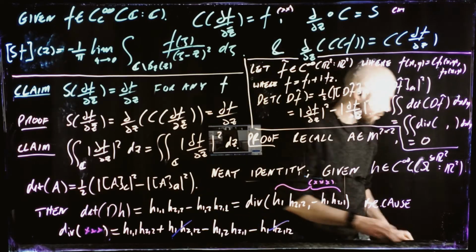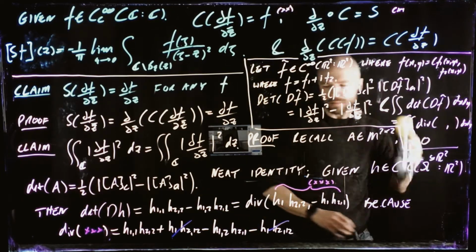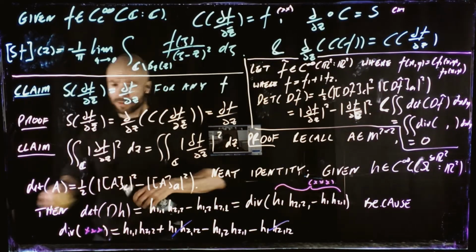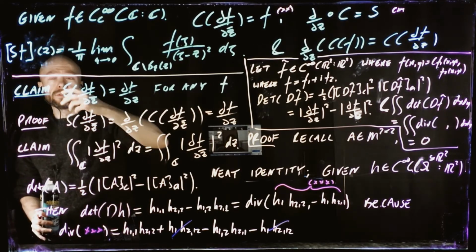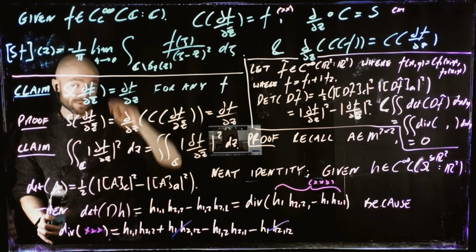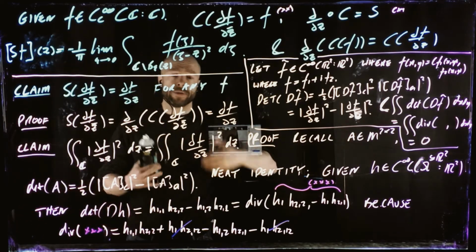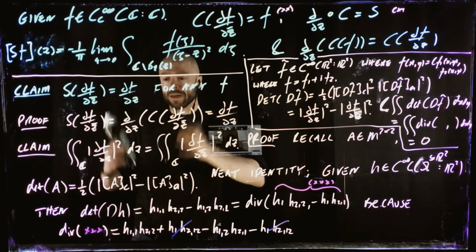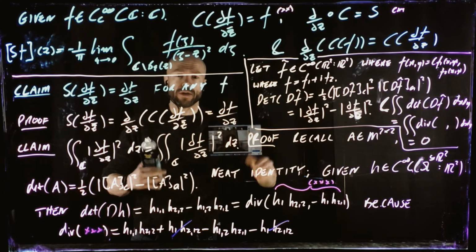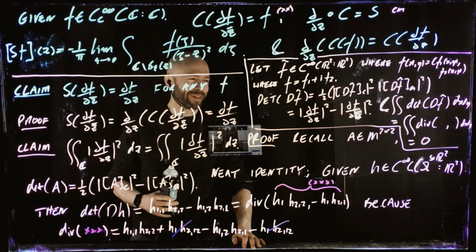Cool. I will erase the board. Now the next thing we're going to show is that this operator S, the Beurling transform, is actually going to be preserving the L2 norm. It's going to be an isometry. Is that the right word? Don't think it's the right word.